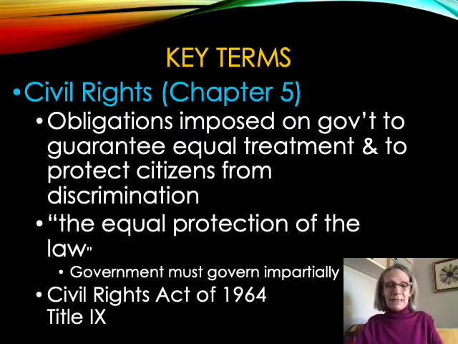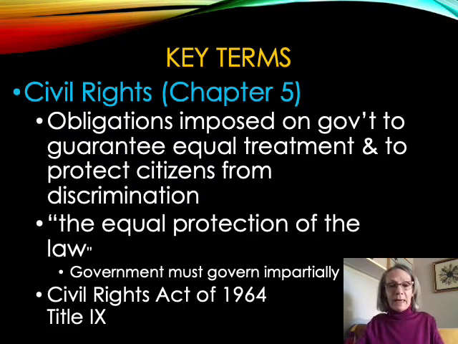When it comes to civil rights, what you'll be learning about is the ways in which people are discriminated against or treated partially, right? For reasons that have no merit. In other words, we might treat people differently on the basis of the color of their skin or on the basis of their sex, right? Or on the basis of their sexual orientation.